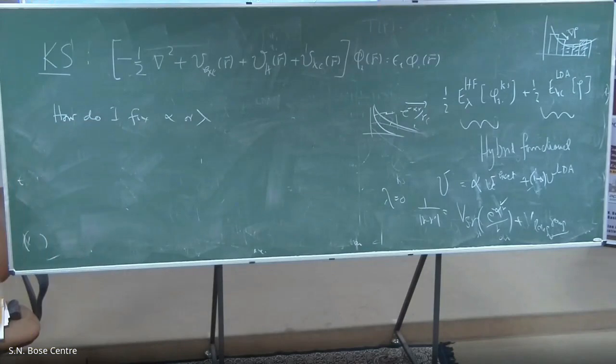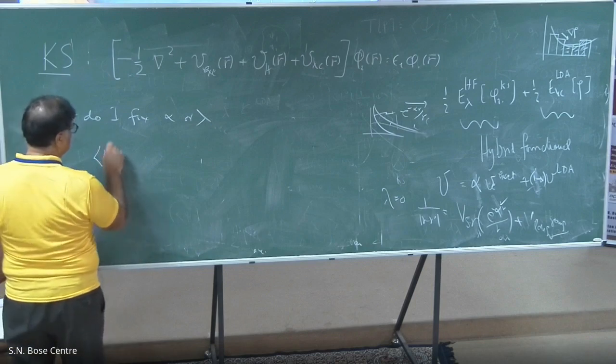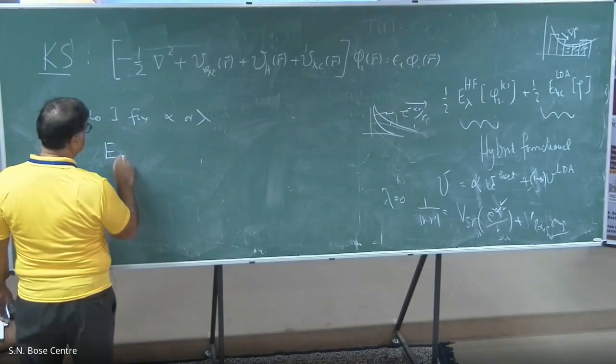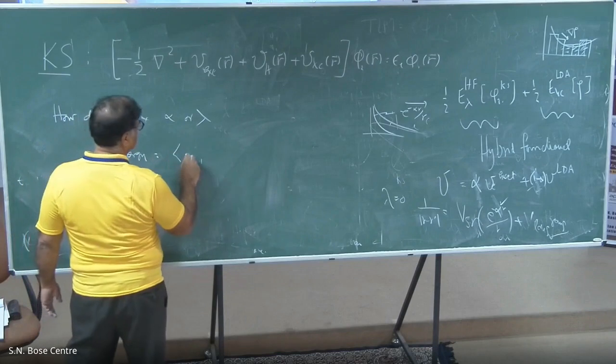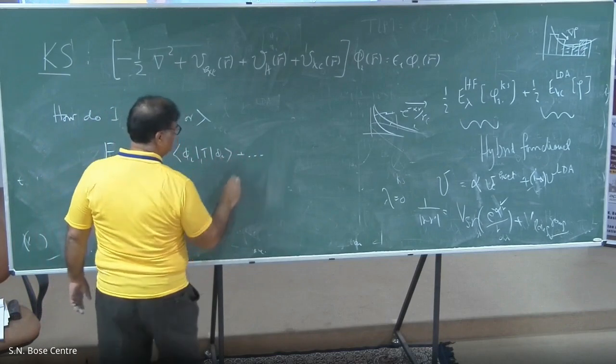Now, how do I fix it? This is one big group in Israel that actually came up with this idea of how to fix lambda and alpha, the Leo Economics group. What they do is calculate the expectation of the energy functional: phi I, E, phi I plus all that, plus E hybrid.